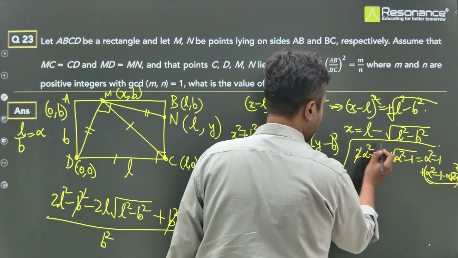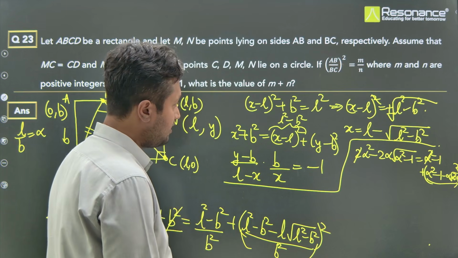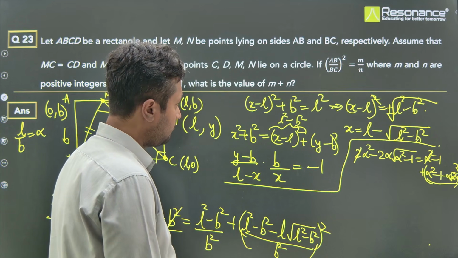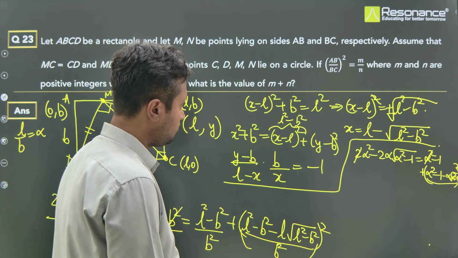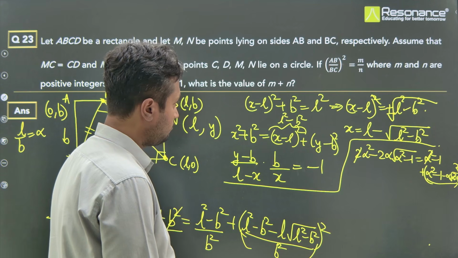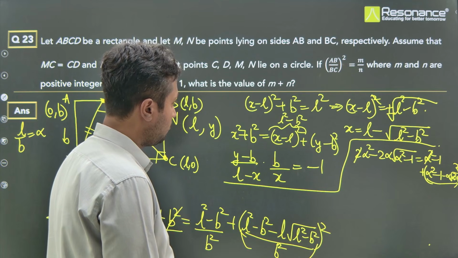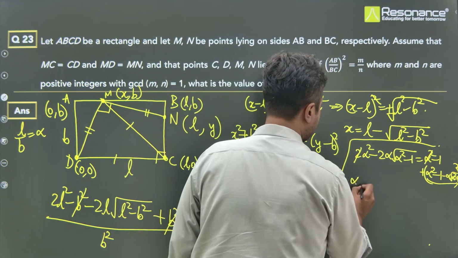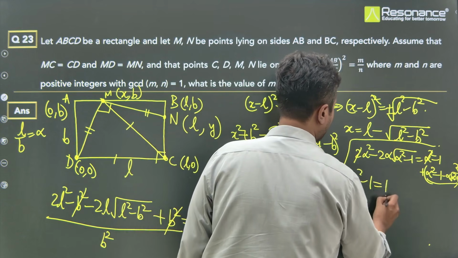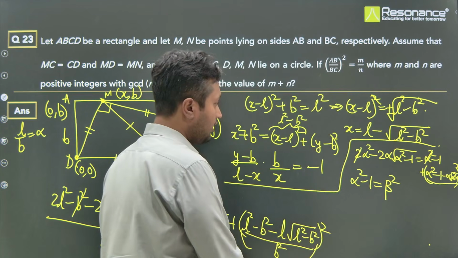So I guess I would cancel 1 alpha square on both sides. Suppose I take alpha square minus 1 and I call it beta. Maybe beta square is a better word.